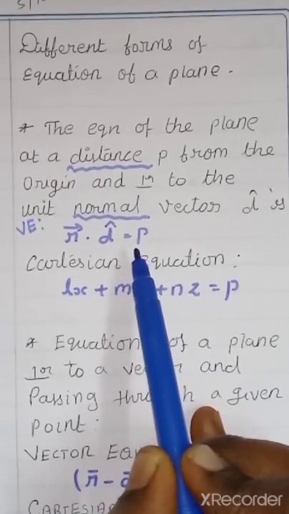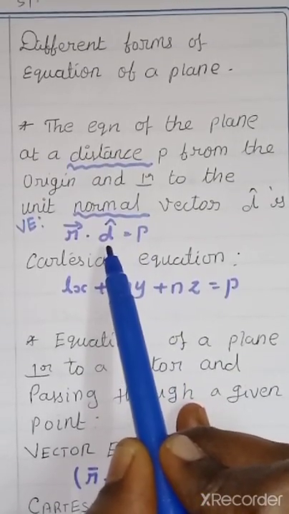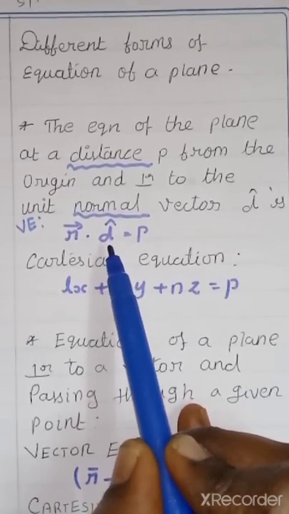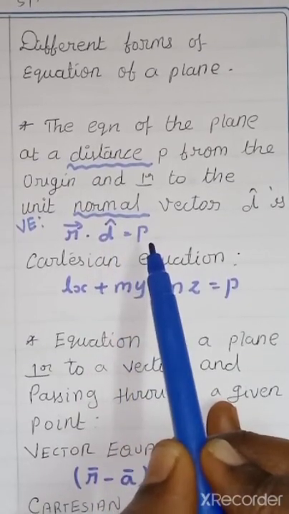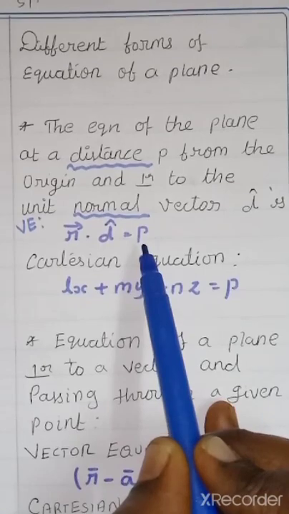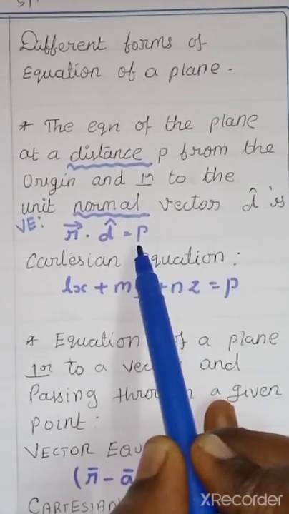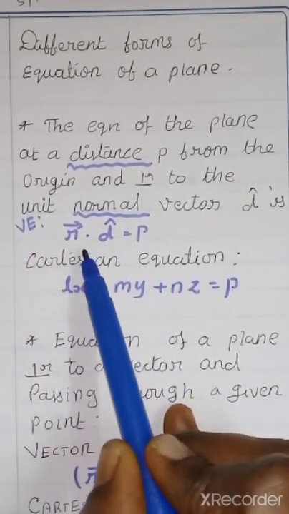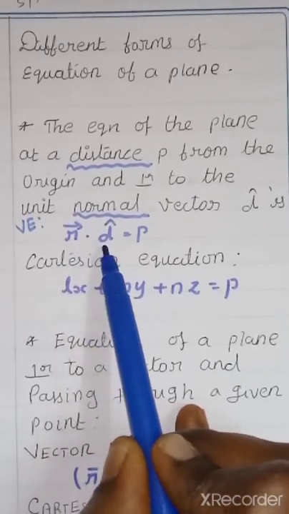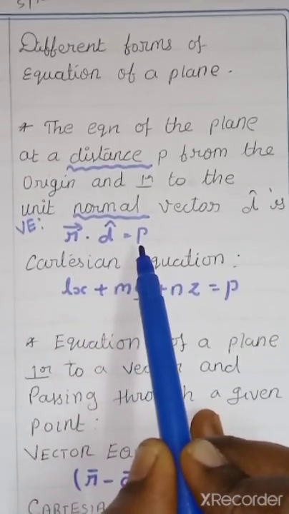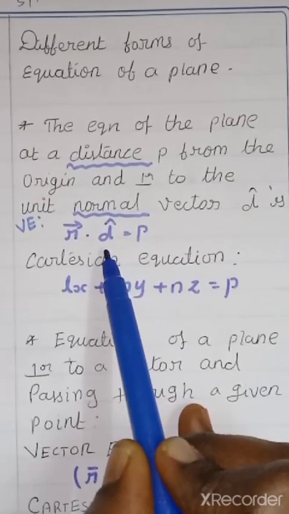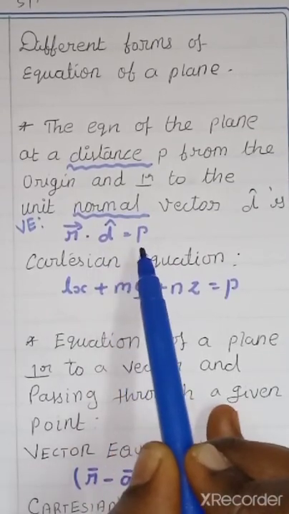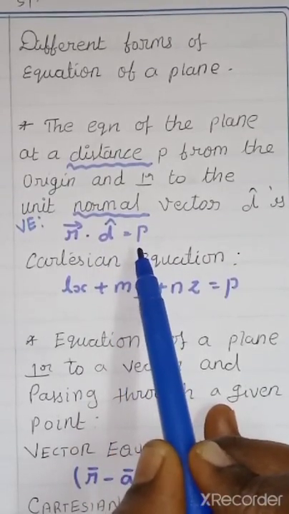Is that okay? So your d cap is your unit normal vector and p is your distance from the origin. So what is your vector equation? r dot d cap equal to p. What is your d? Unit normal vector. What is your p? Distance.